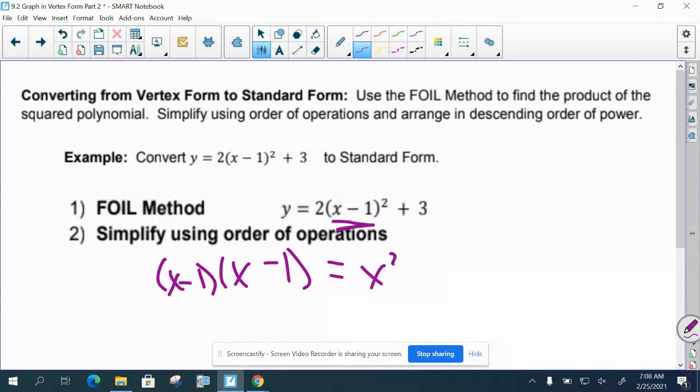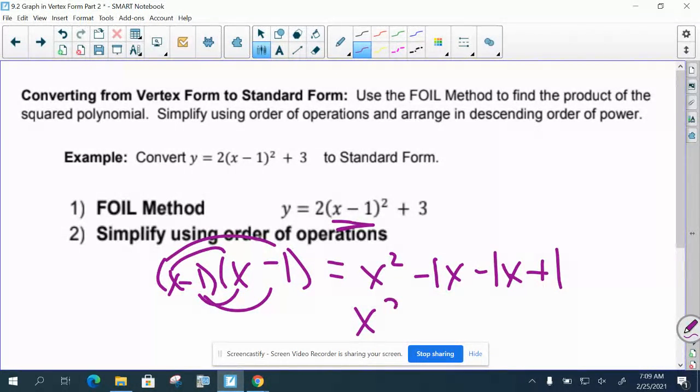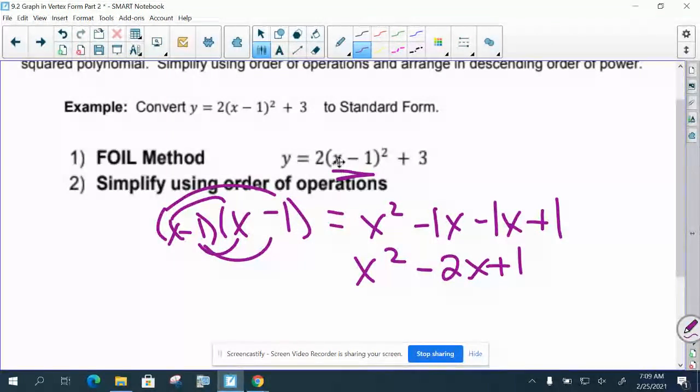If we FOIL, that would give you x squared, and then negative 1 times negative 1 is plus 1. Negative 1x and negative 1x will combine to negative 2x. So this would be x squared minus 2x plus 1.